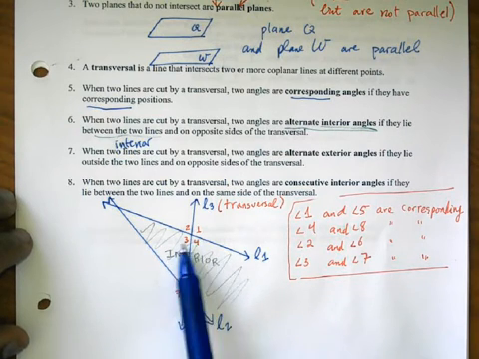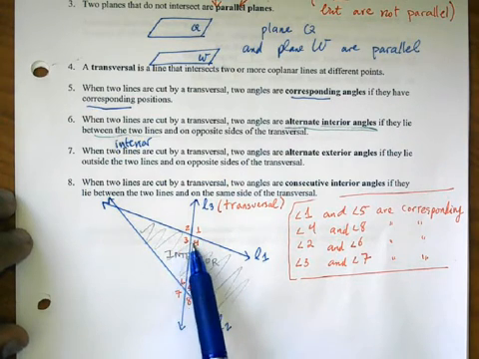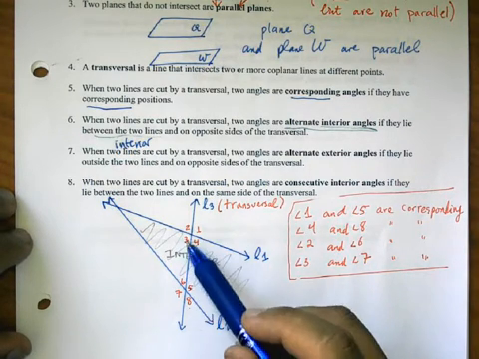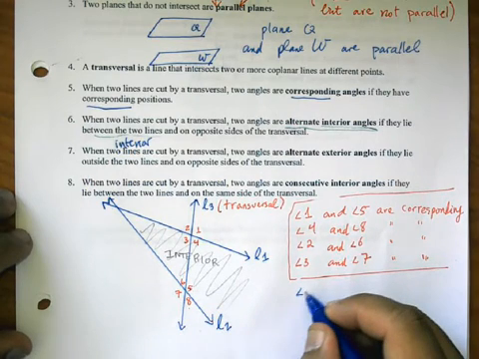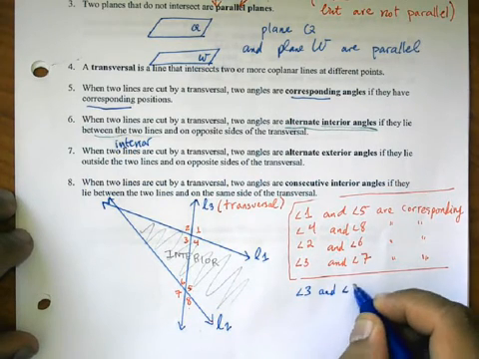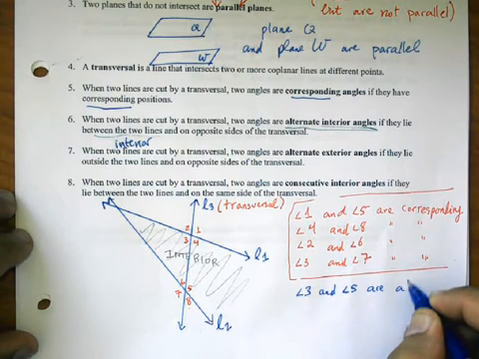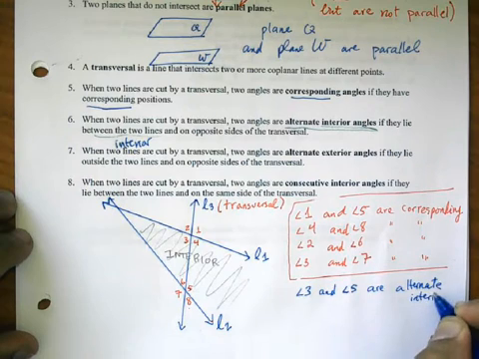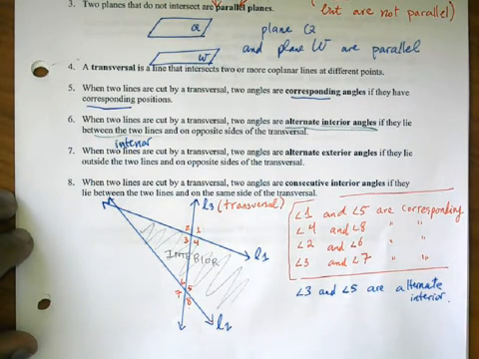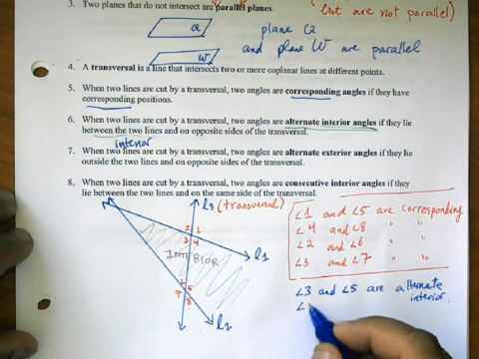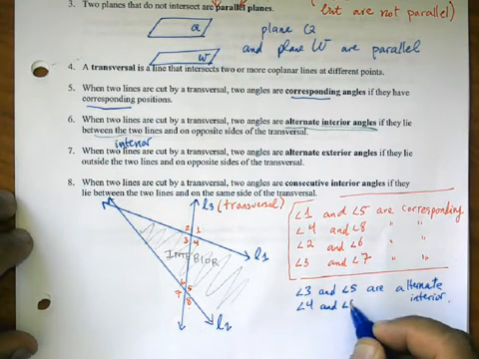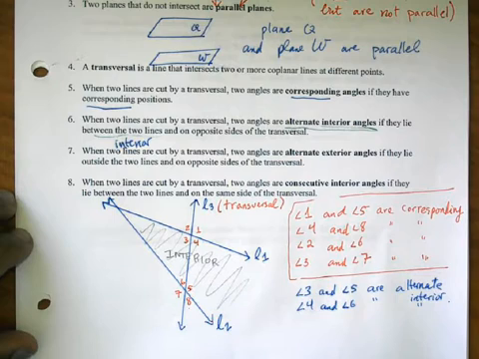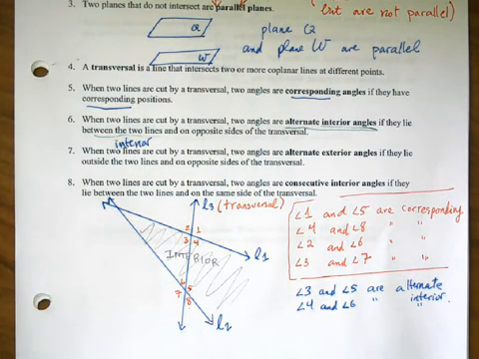There's something much stronger that we can say about them. So we don't include 3 and 4 because they are already linear pairs. So we're going to go with 3 and 5. Angle 3 and angle 5 are alternate interior angles. Also 4 and 6. And that's all we can say for this particular picture.